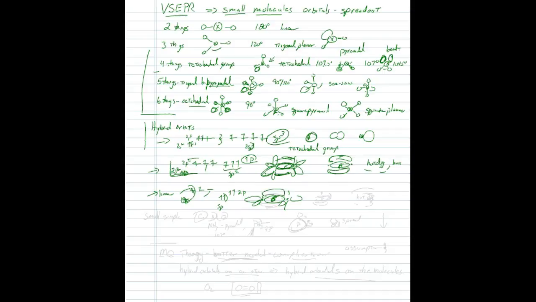So you have a pi bond above and below, and in front and behind. So here's your sigma, and you have a pi orbital, then you have a pi orbital in front and behind.